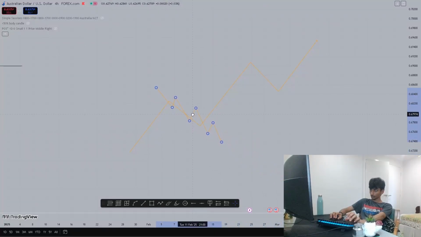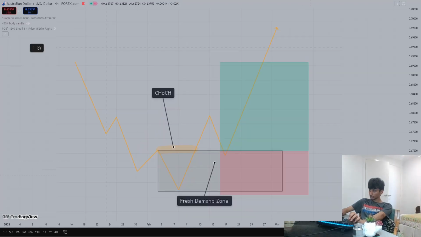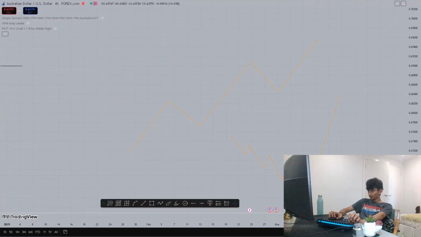This move down would look like this on the 15-minute time frame. What you're gonna do is then wait for that chalk, the break of structure, and then draw your demand zone just like this. Look for liquidity, look for all your confirmations, your PFDs, your Fibonacci retracement tools, or whatever you do, and then you enter your trade.